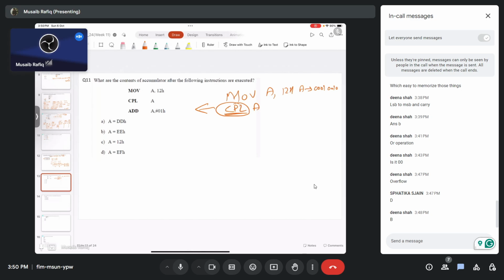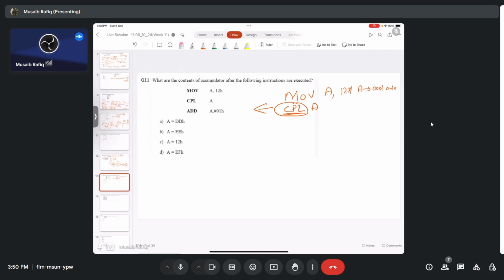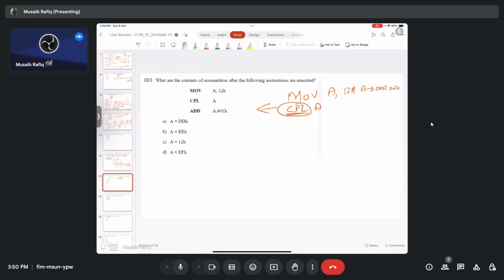What does CMA mean? CMA simply means complementing the contents of accumulator. So now it will become, if we complement it, 1110 1101.